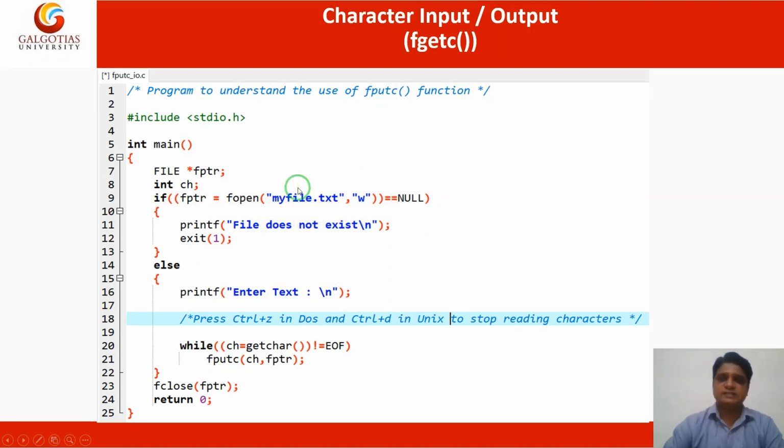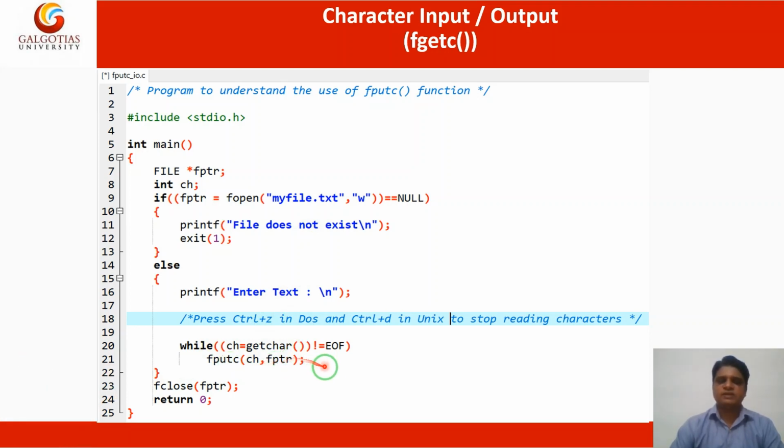If the file exists, then fptr will get the address of this file, and now it will go into the else part. In the else part you will get the enter text. Here there is a while loop, ch equal to getchar. What is the property of getchar?